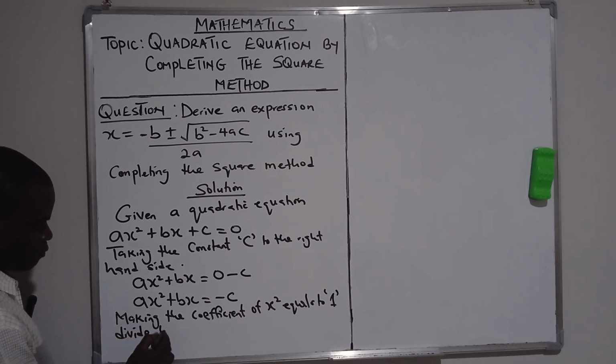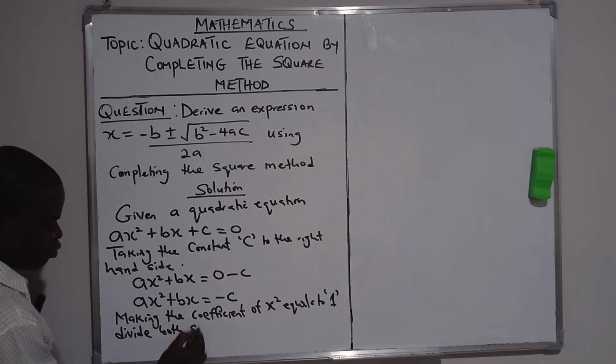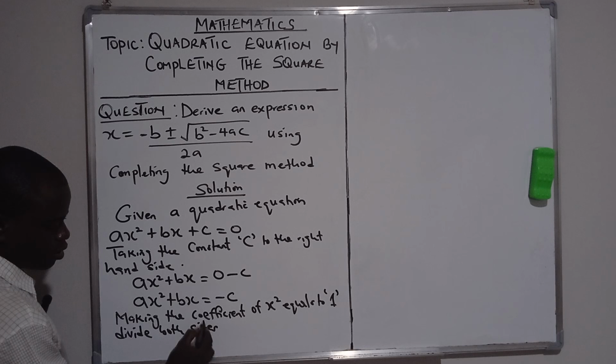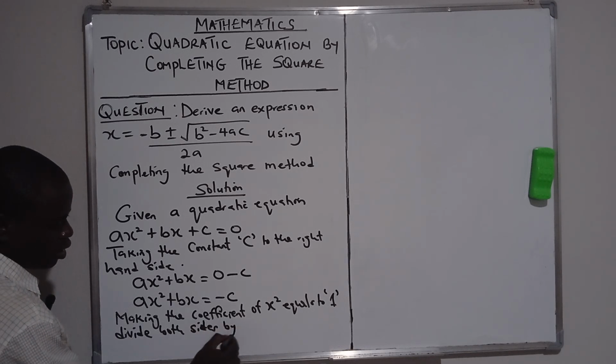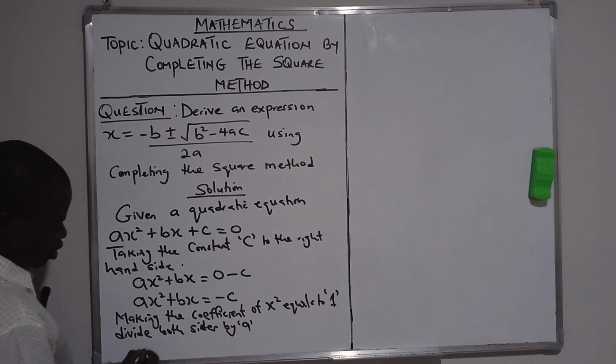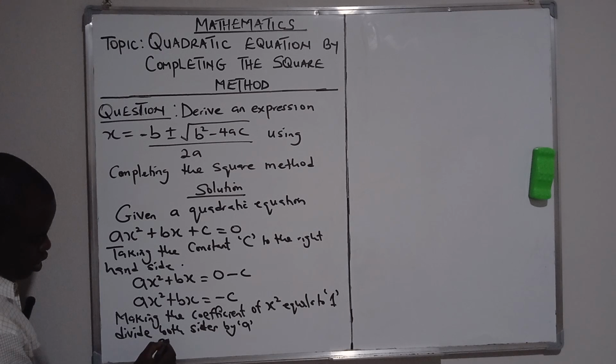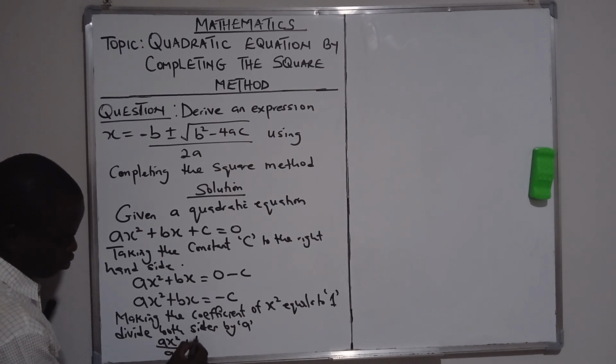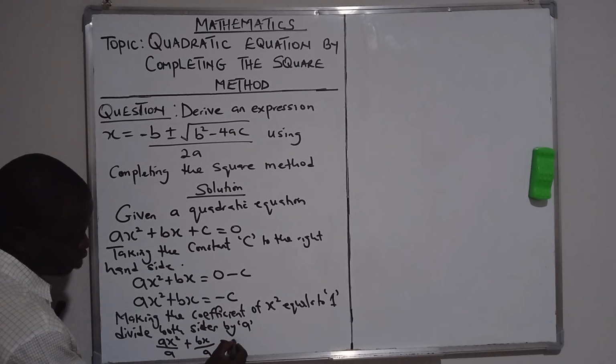When you do that, you have ax squared divided by a plus bx divided by a equals minus c divided by a.